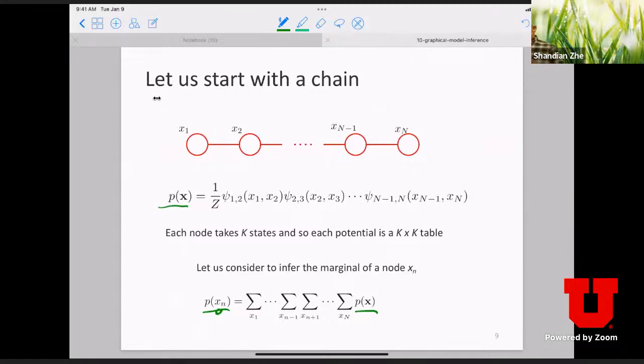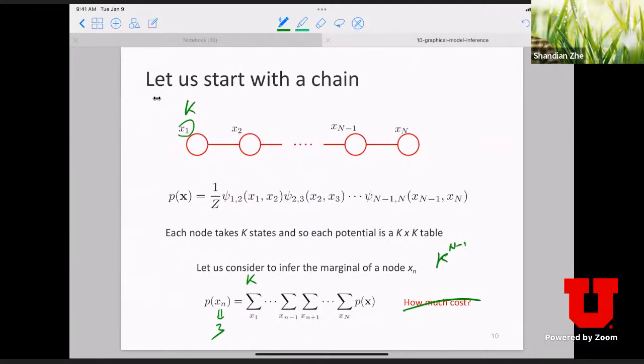We have made some analysis about the cost. Remember, each node can take K possible states or categories. So for every particular choice of x_n, say x_n equals 3, you sum over all possible combinations of the remaining big N minus 1 nodes. It will take K to the power of N minus 1 summations.